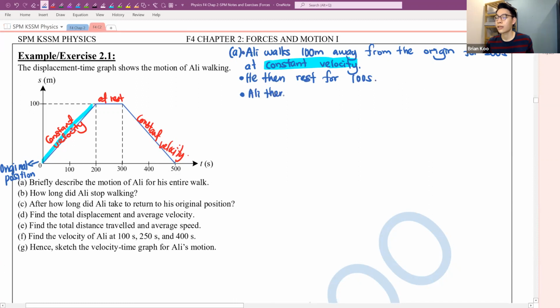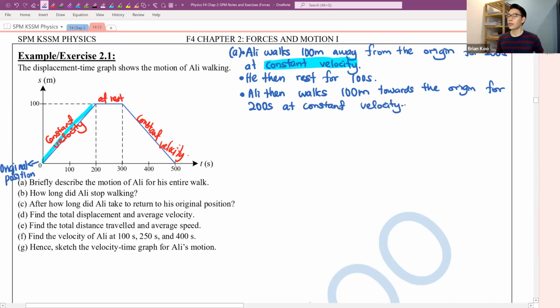Ali then walks 100 meter towards the origin for 200 seconds at constant velocity. Okay, Ali then walks 100 meters towards the origin for 200 seconds at constant velocity.